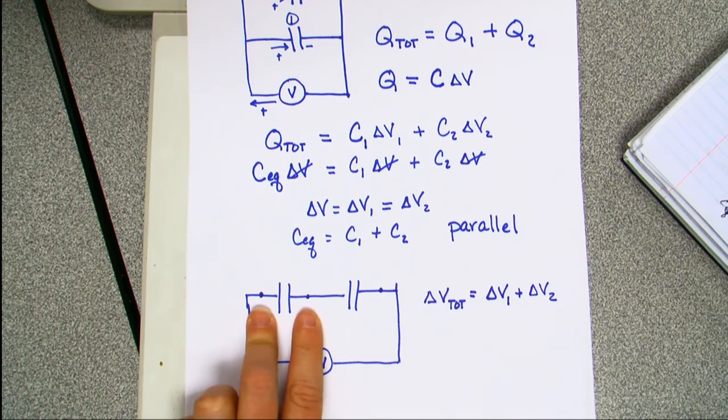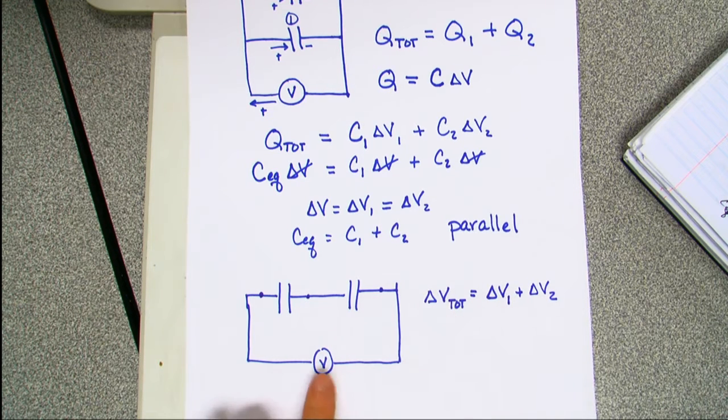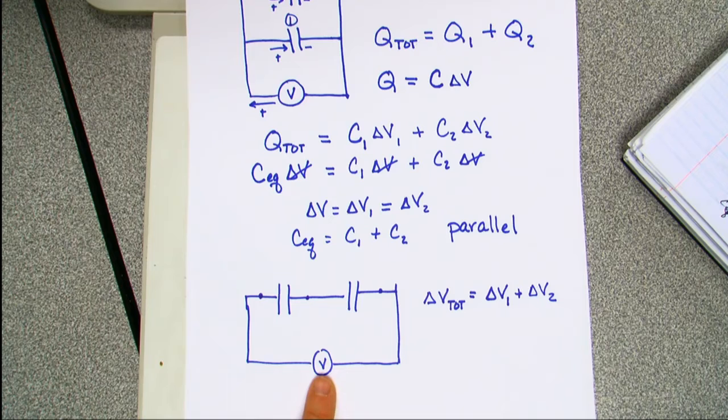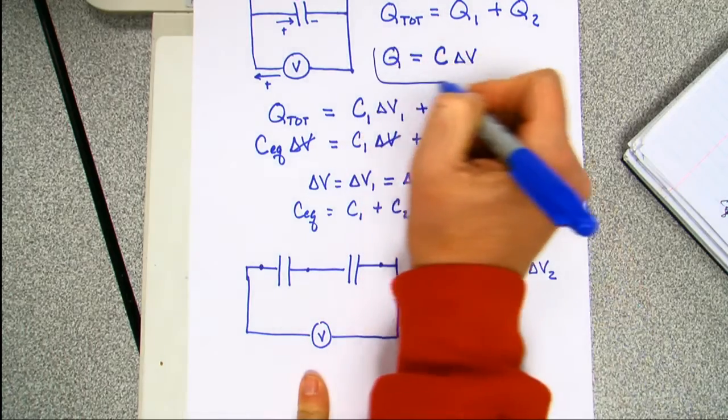So if I measure this across here and I measure this across here, I add those two together and I should equal this. And you probably did this in the lab. This makes more sense when you've actually done it in the lab.